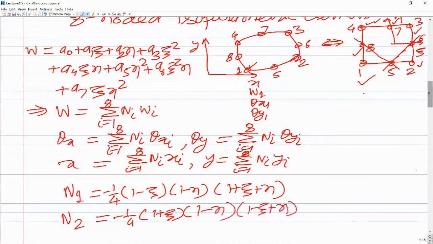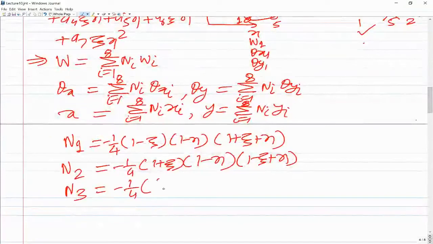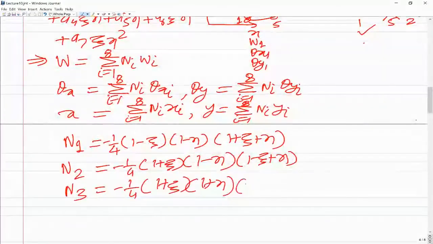You can look at those lines. So similarly, N3 will be minus 1 by 4, 1 plus xi, 1 plus eta, and 1 minus xi minus eta. And here N3 means xi and eta both are plus 1, so it would be 1 plus xi into 1 plus eta into 1 minus xi minus eta would be minus 4, so we divide it by minus 4, so we get the unity, N3 is unity at node 3.